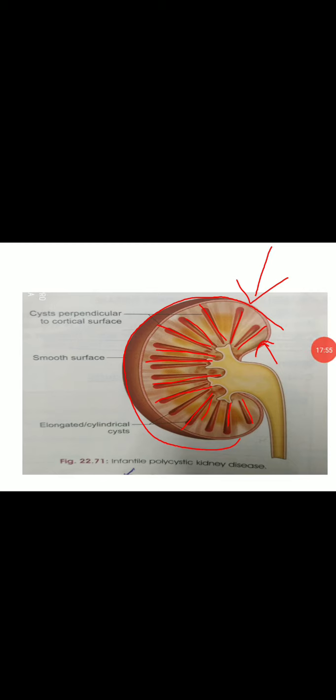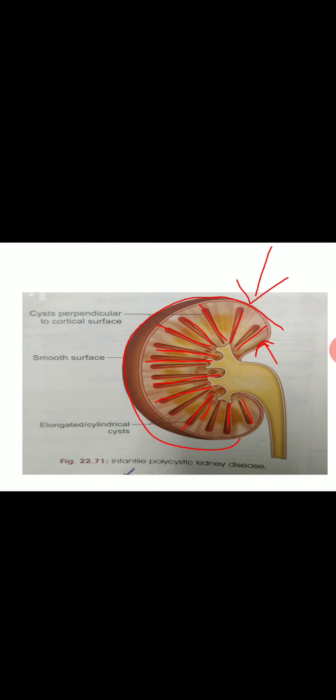Now to summarize the difference between adult polycystic kidney disease and infantile polycystic kidney disease. This is important because sometimes this is asked in examination. First, adult polycystic kidney disease is an autosomal dominant condition, whereas infantile polycystic kidney disease is an autosomal recessive condition.